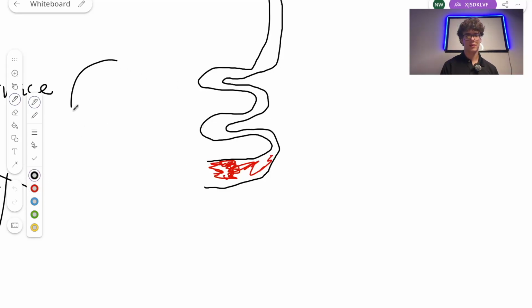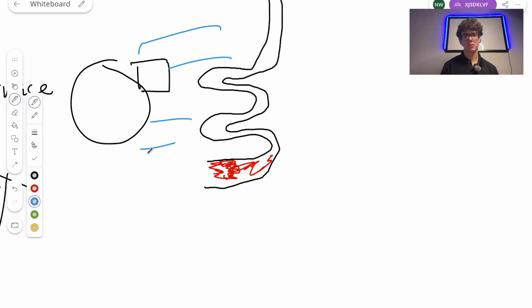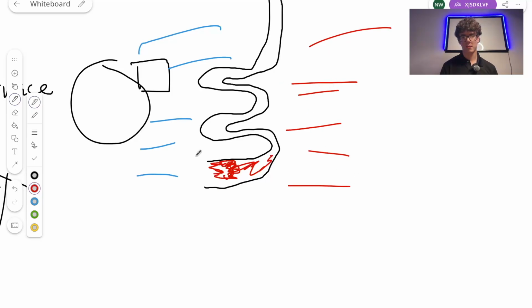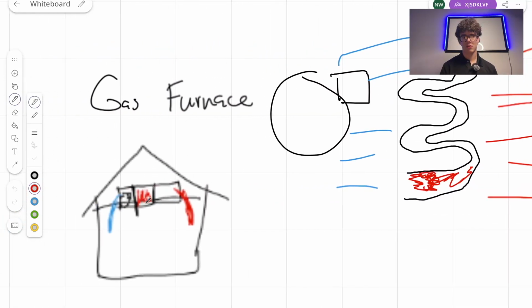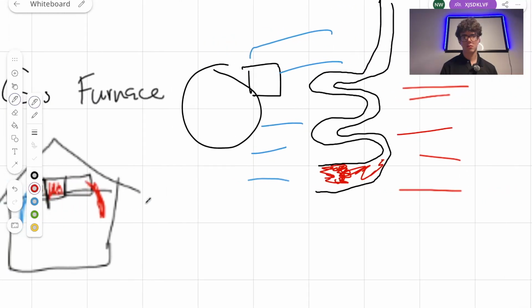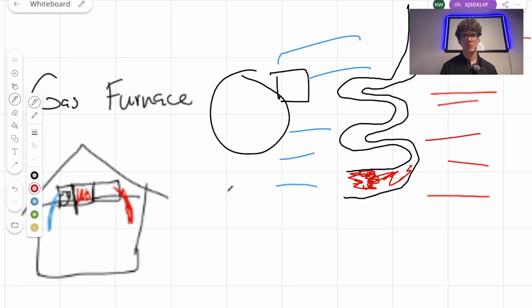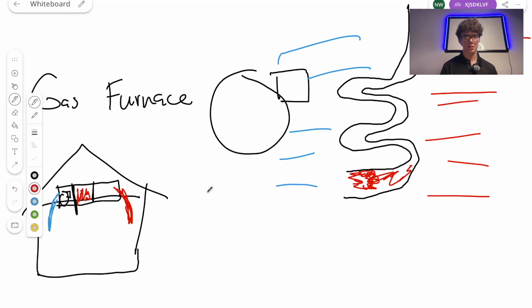And then we've got a blower that is pushing our cold air across the heat exchanger. The heat exchanger exchanges the heat onto that air, and then we got hot air coming out. Keep in mind, the flame gases never interact. They never touch the house air. So that's a basic explanation of a gas furnace.